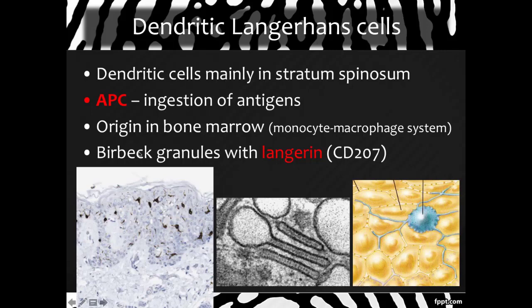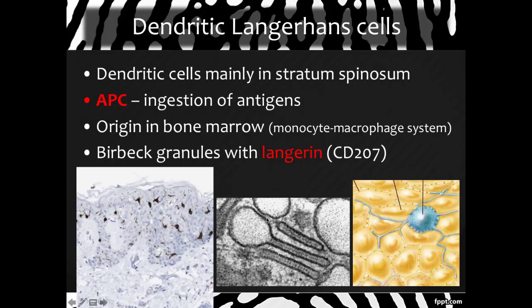They contain the Birbeck granules containing a protein called langerin, also called CD207, which is specific for these cells, and this protein is used for visualization with immunohistochemistry, as you can see here. These are the Birbeck granules.